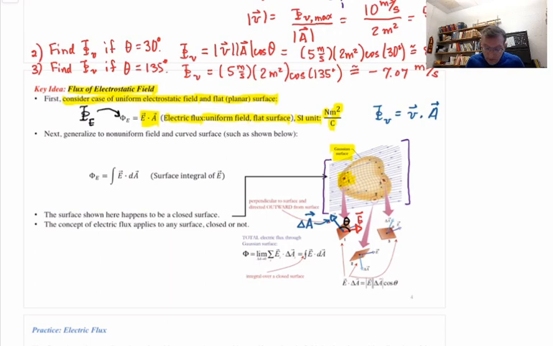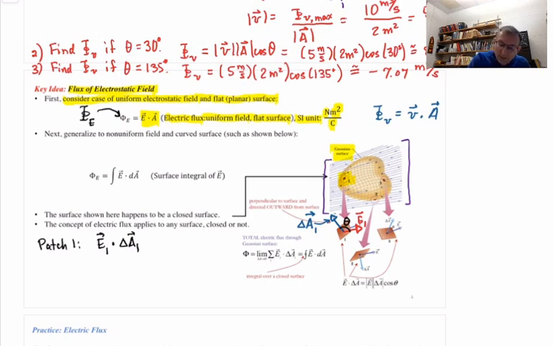But what we would do is calculate the electric flux through just that patch, through patch 1, by doing the electric field there at patch 1, E1 dot delta A1. I ought to denote it delta A1 and E1, because that's the electric field at patch 1 and the area vector for patch 1.